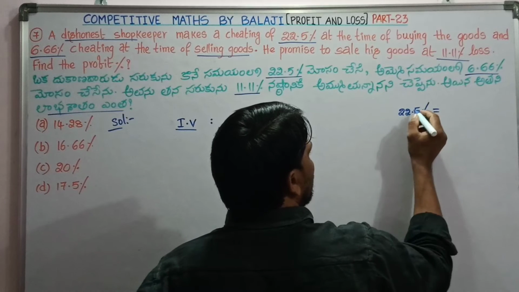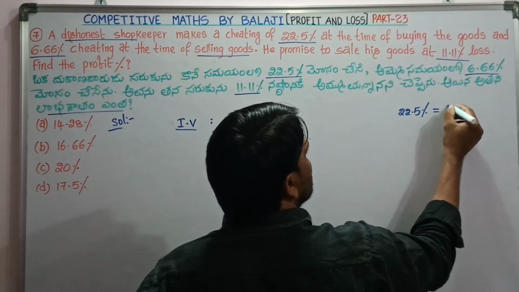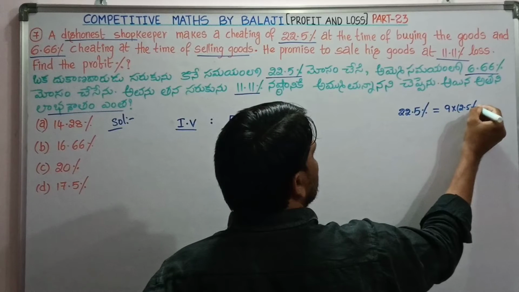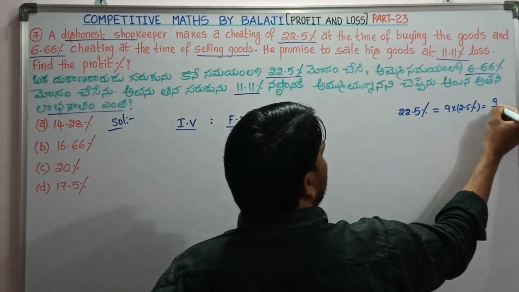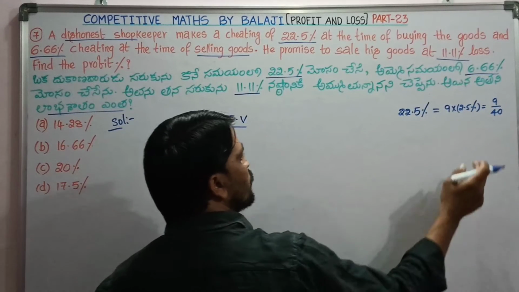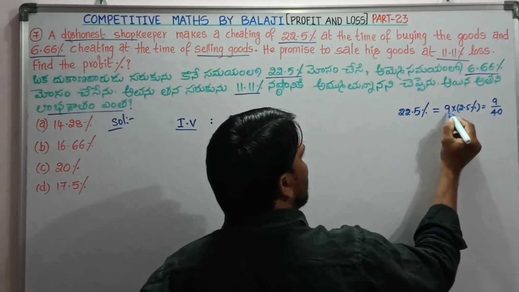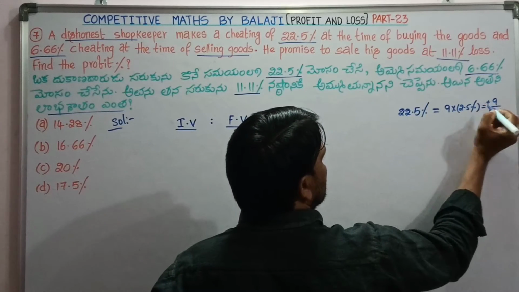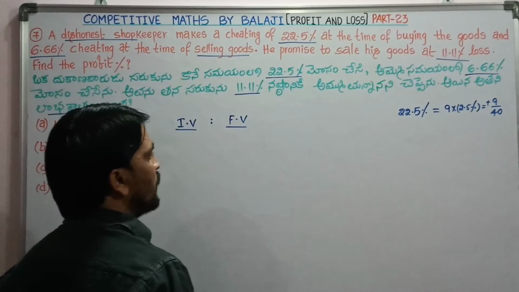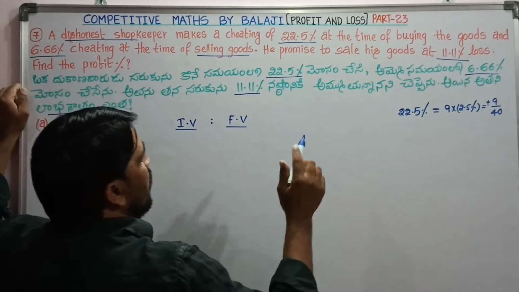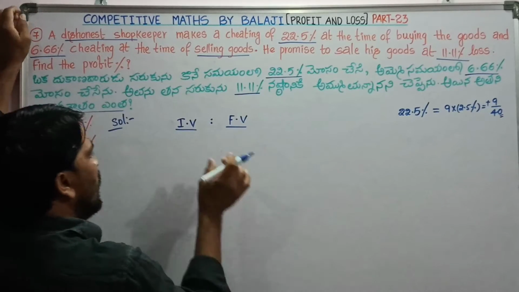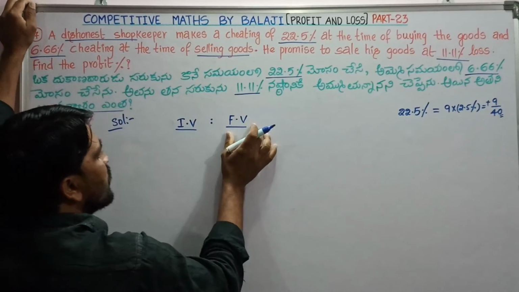That means 22.5 can be written as 9 times 2.5%. Since the fraction value of 2.5% is 1 by 40, and it is 9 times of 2.5%, the fraction value of 22.5% is 9 by 40. We always take the lesser value as initial value and the greater value as final value.